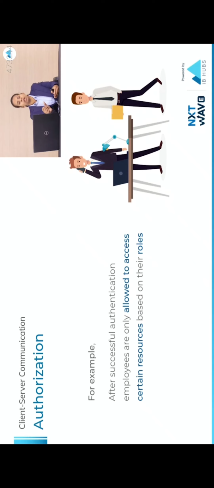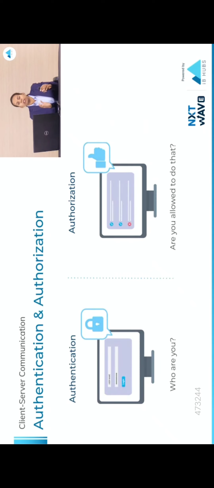Verifying whether the user is permitted to create, permitted to update, permitted to do a particular action, that is nothing but authorization. Okay, clear? So in authentication, we check who the user is, the user's identity. In authorization, we check whether the user is allowed to do that or not, whether he has permission to do that or not. So that's the difference between authentication and authorization.